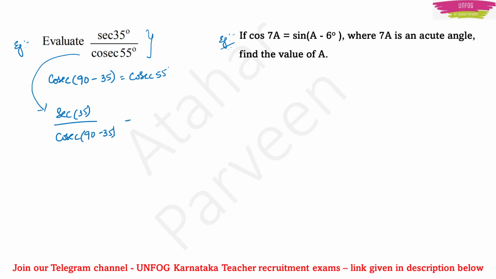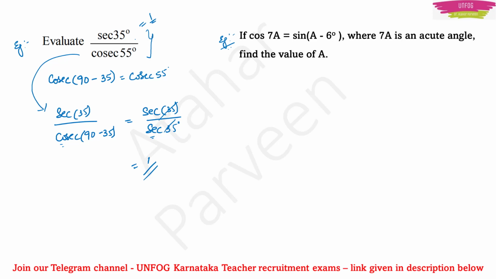Now this will change. In the numerator it will be the same. In the denominator I will have secant 35 again, because of the complementary angles. We have seen that for 90 minus 35, cosecant will change to secant. Now I'll cancel. My answer will be 1. So the answer to this question is 1.